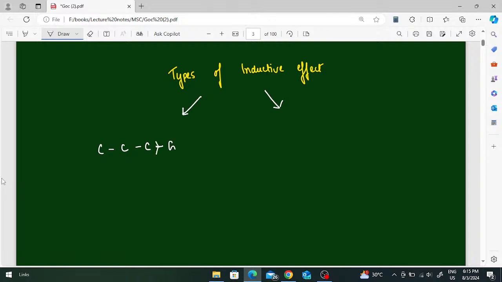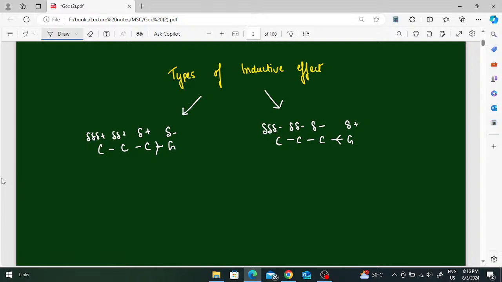This is one possibility. The other possibility is that instead of towards the group, it will move away from the group. In the first case there will be a delta negative charge here, and here there will be a delta positive charge. So there will be a delta positive over here, delta delta positive, and delta delta delta positive over here. Similarly, this will be delta delta negative, and there will be delta negative over here.